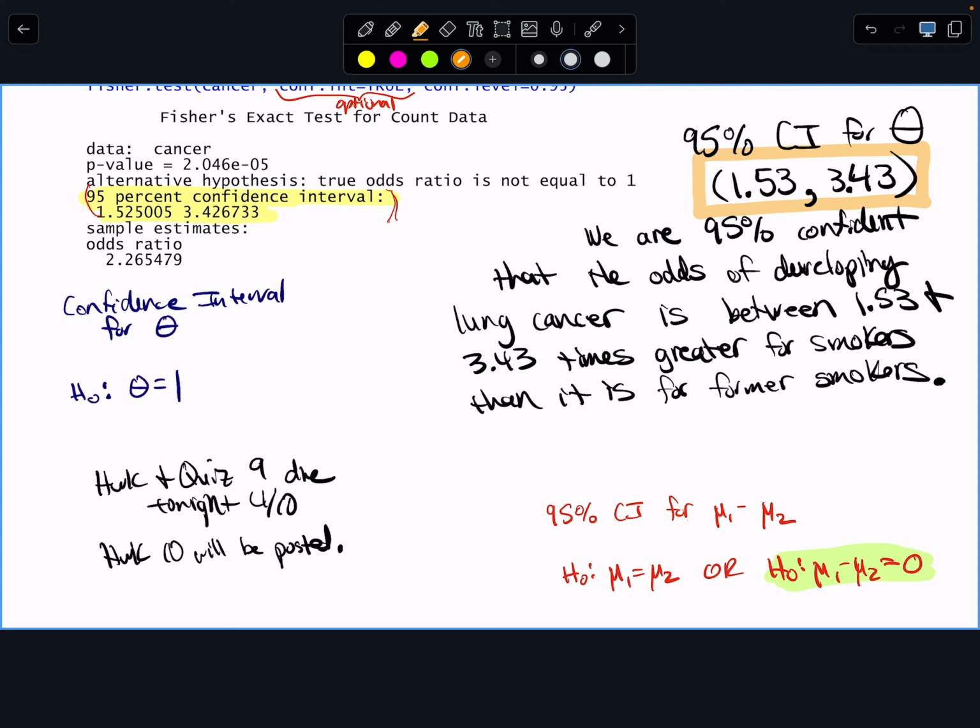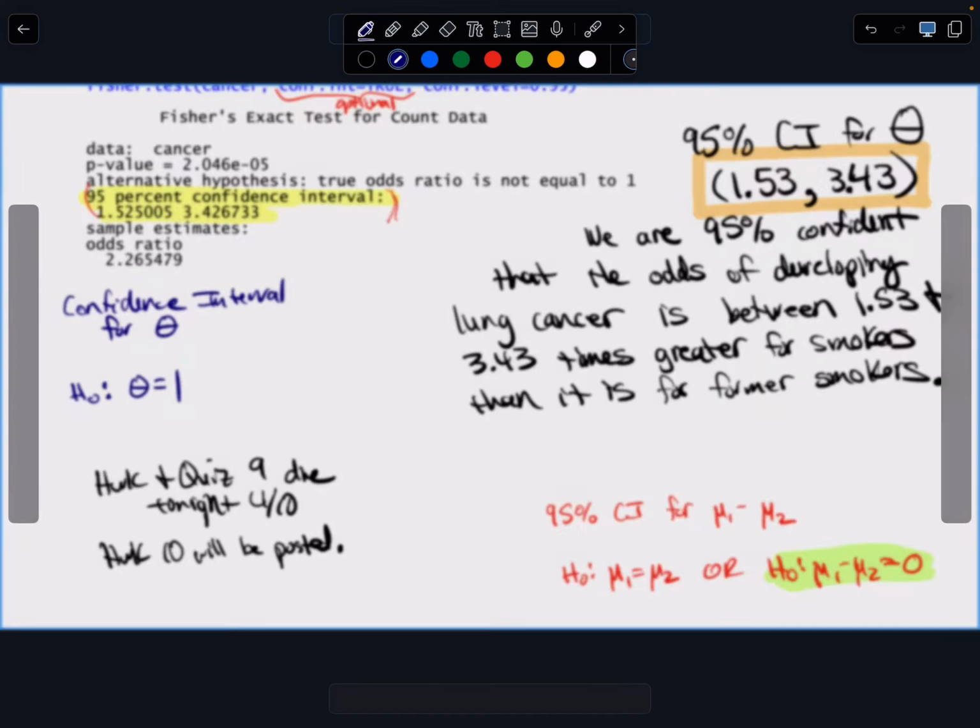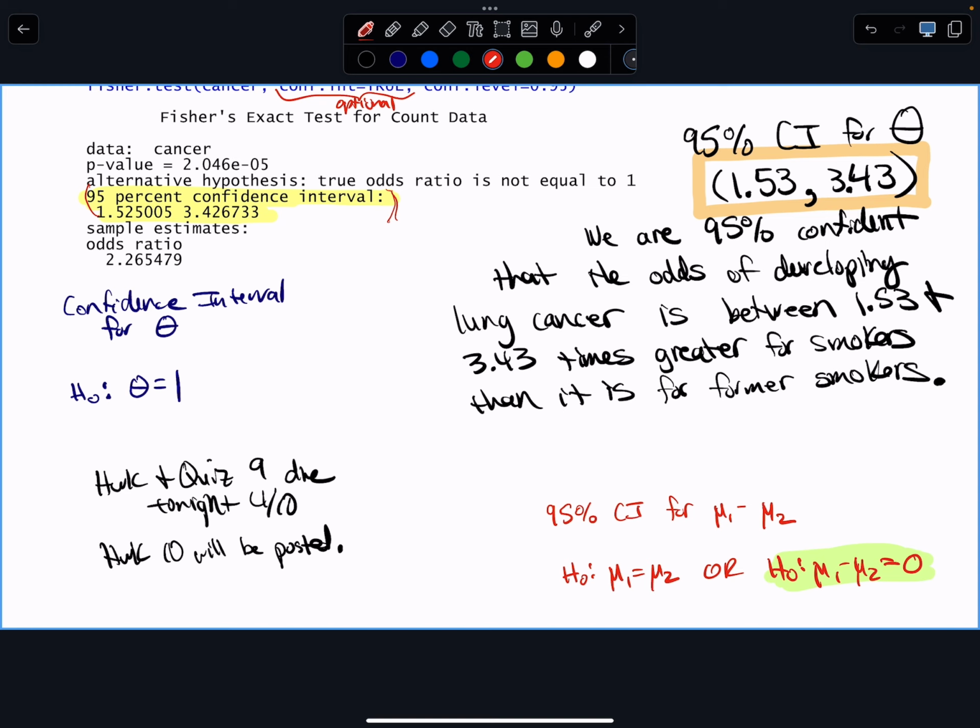It starts at 1.53 and it ends at 3.43, right? 1 is smaller than all of those values in that confidence interval. So it is probably not probable that this is going to equal 1 because it's not in my confidence interval. So when I see a confidence interval like that, I already know that I'm going to have enough evidence to reject the null hypothesis in this case right here, all right?